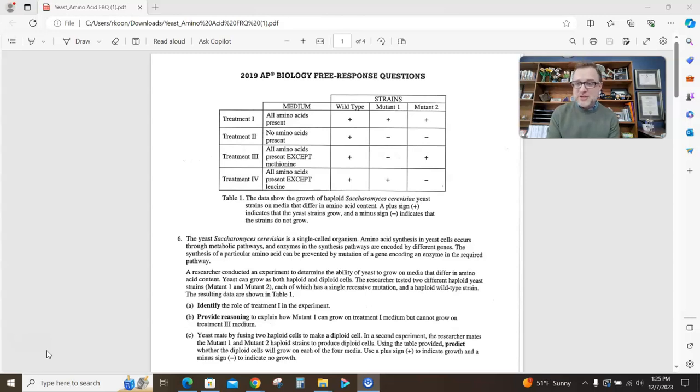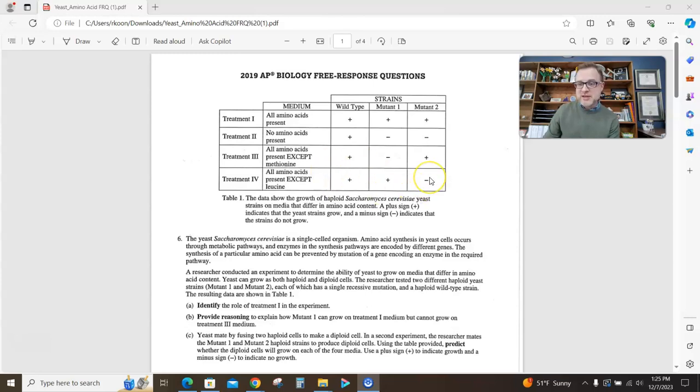Okay, the way you interpret this chart, what this is basically trying to tell you is which genes have been knocked out. So my wild type grows in everything, all right? Mutant 1, when I give it all the amino acids, it grows. If you look at treatment 3, when I don't give it methionine, it doesn't grow. And that tells you that mutant 1 cannot make methionine, all right?